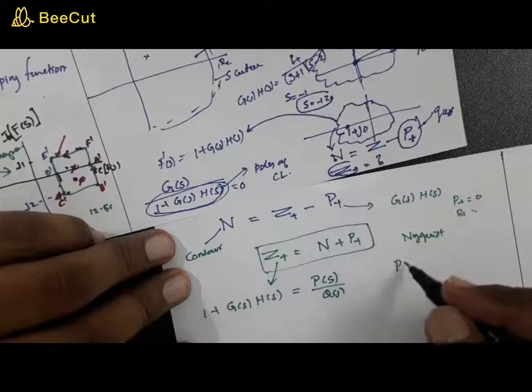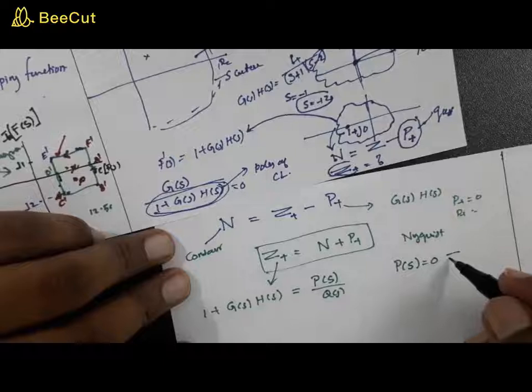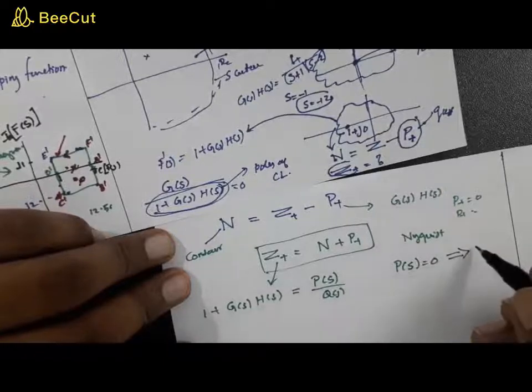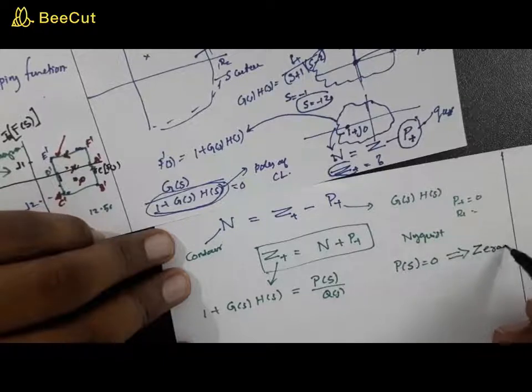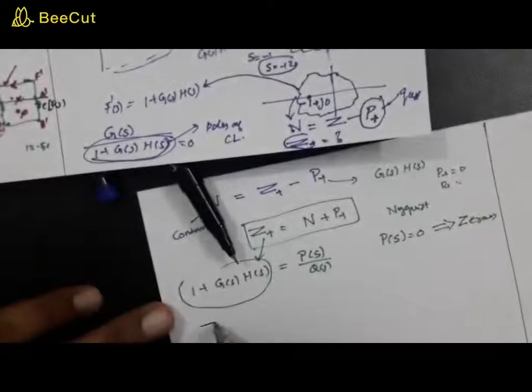When you equate the denominator to 0, what you get is poles, and when you equate the numerator, it is actually the zeros. So the zeros of this characteristic equation, now it is very important. What I am going to tell is a very important statement.